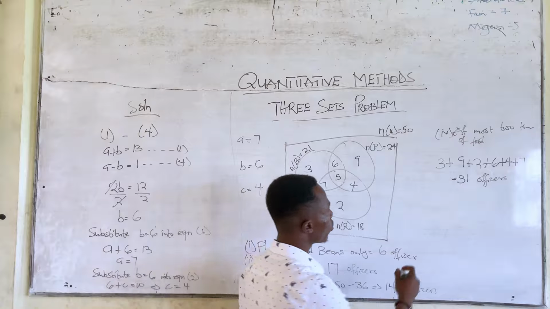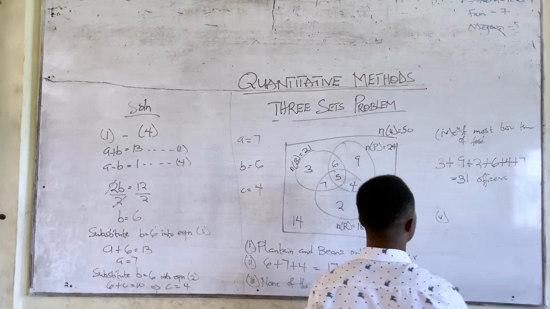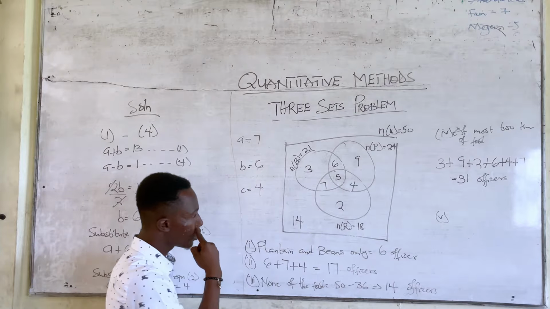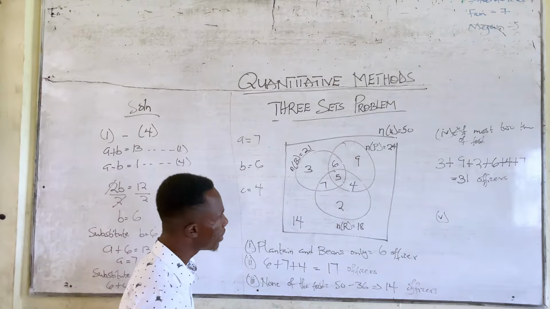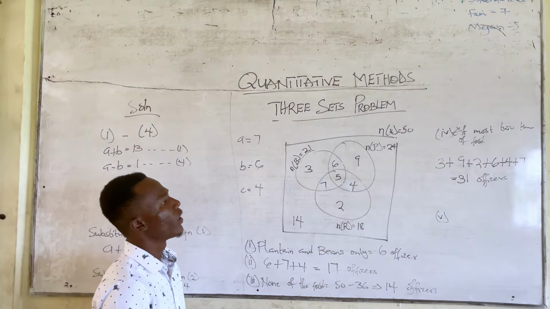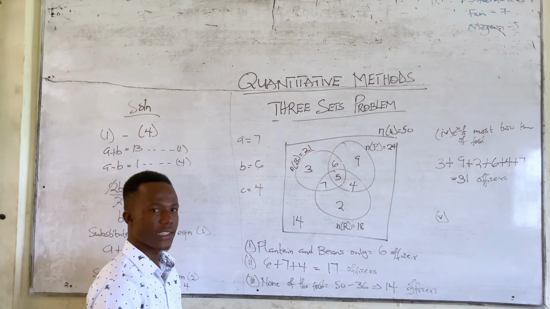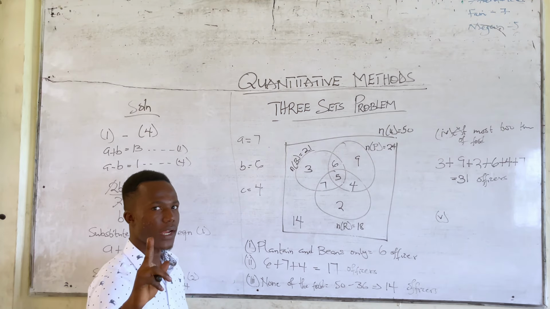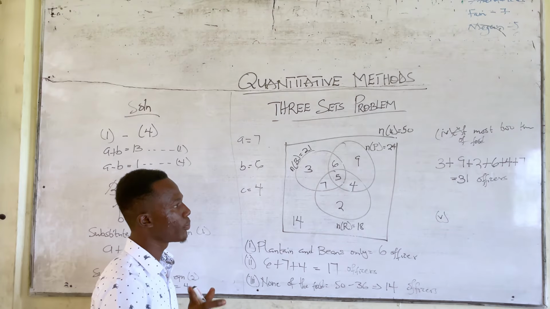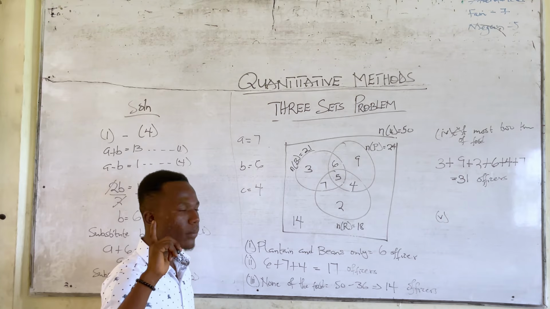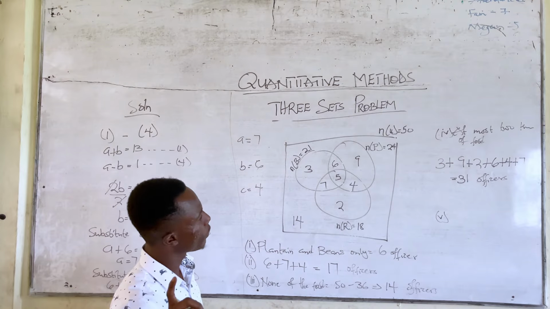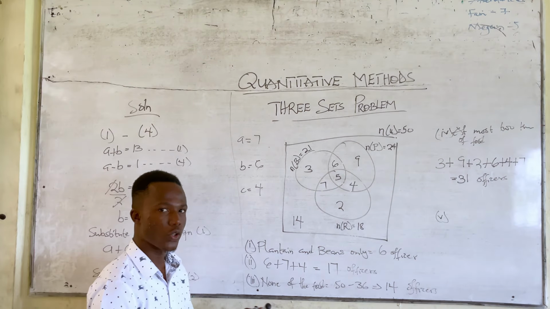Okay, so you come to the V. That is at least, right? So at least two kinds of food. It means the least or the minimum food that you can take should be two, right? You cannot take one. So those people who did not take one food, they are not the ones that are going to be counted.